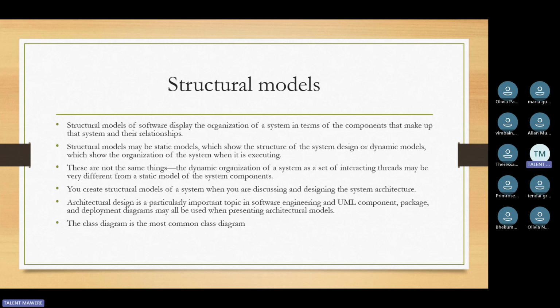There are quite a number of structural models, but in the UML, the class diagram is the most common. What's a class diagram? I want to believe that you did databases at some point, and you discussed class diagrams.